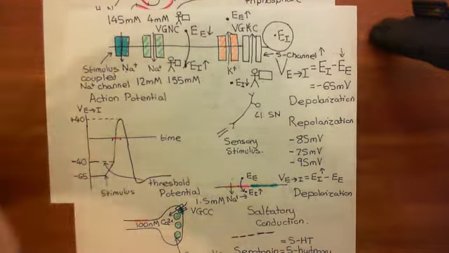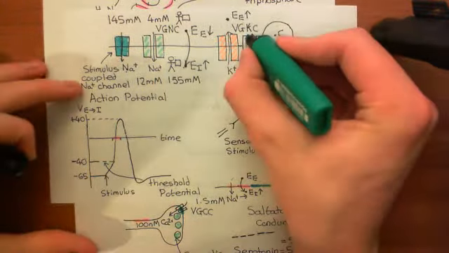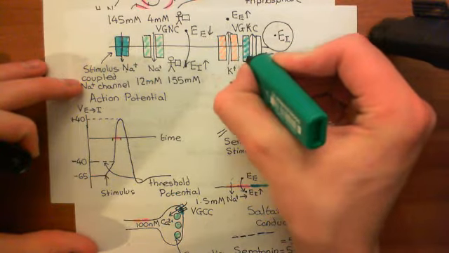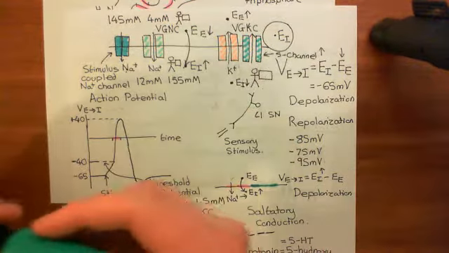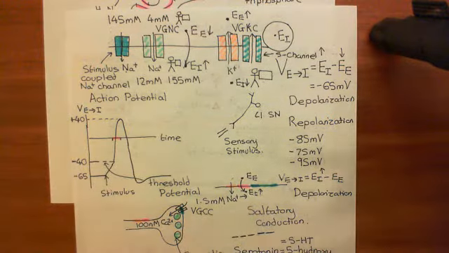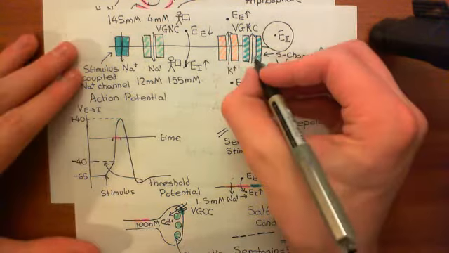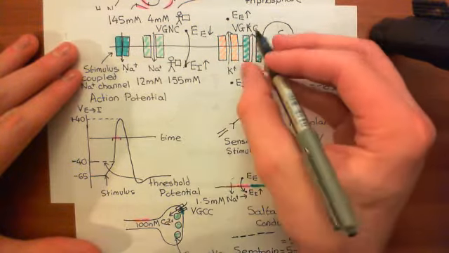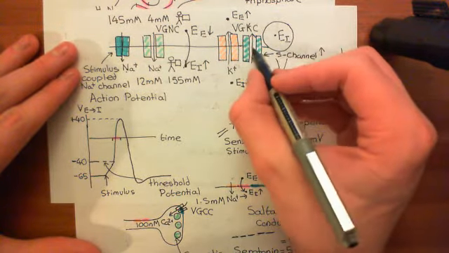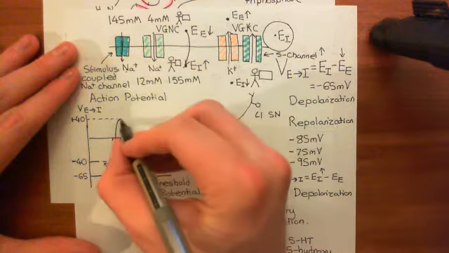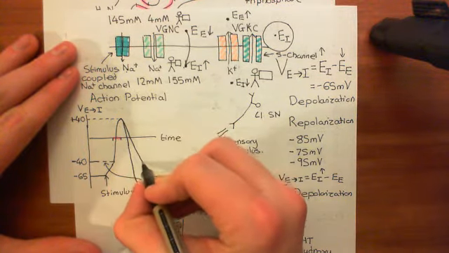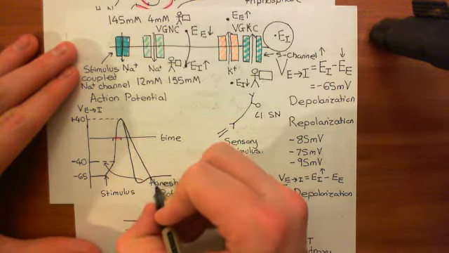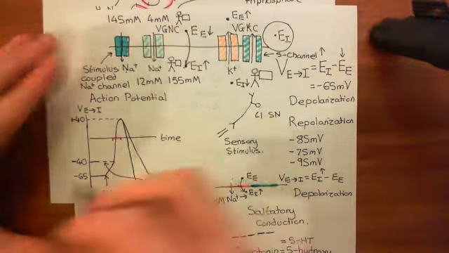So, if you now close this S channel, then the amount of potassium that will be moving out of the cell during the repolarizing phase will be reduced. Okay, so the rate at which potassium is moving out of the cell in the repolarizing phase will be reduced, and that means that it will take longer to repolarize the membrane. So maybe the action potential will now look something like this instead.